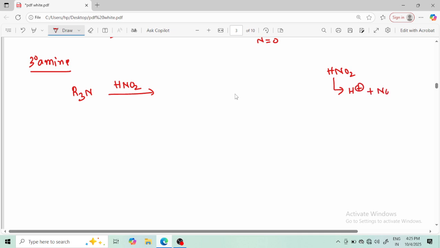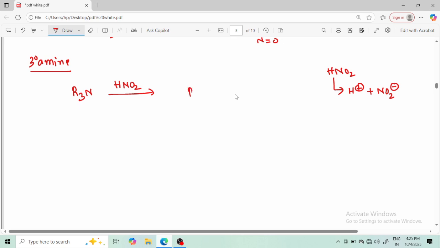Now if it is 3 degree amine, let's say R3N, and it's reacting with HNO2. Now what will happen? HNO2, if it breaks, will give you H plus and NO2 minus. You have to memorize it.